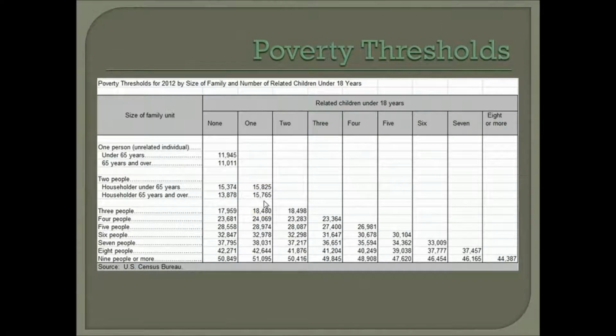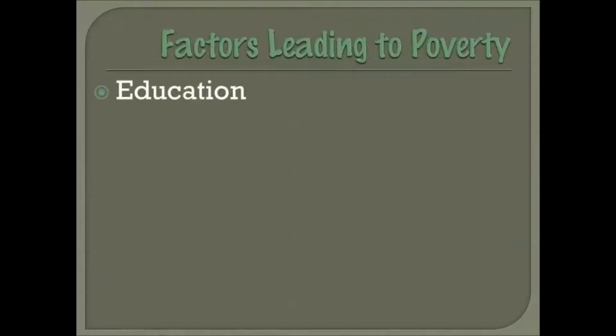Now, there are a lot of reasons why people may enter into poverty in the United States or around the world. A couple of these factors are things like education. The lower level of education you have, the more likely you are to fall at or below the poverty line. Marital status is another factor that has a significant impact. Single people tend to have a greater percent chance of being at or below the poverty line.